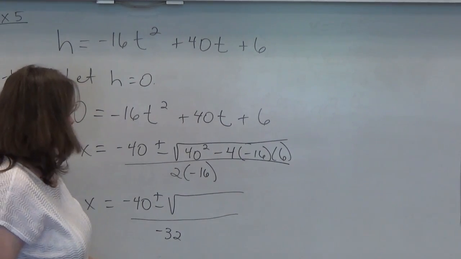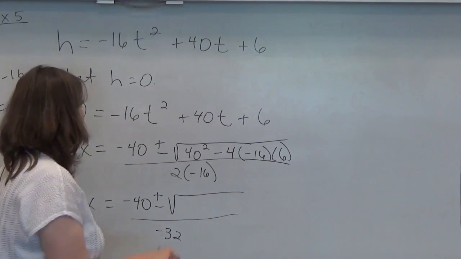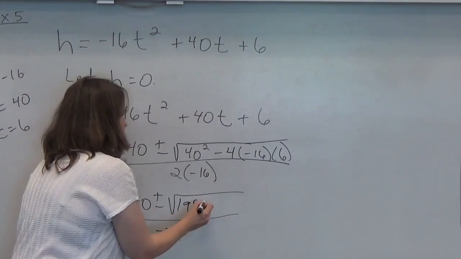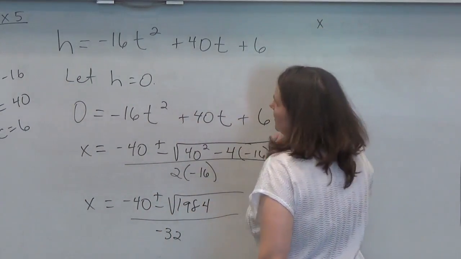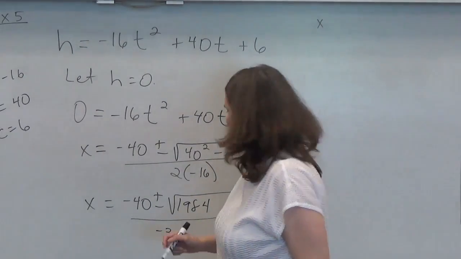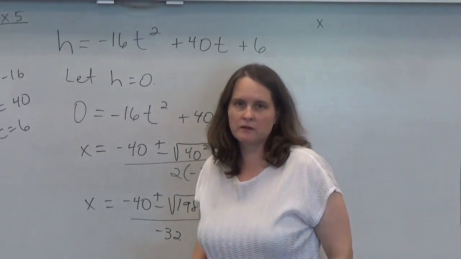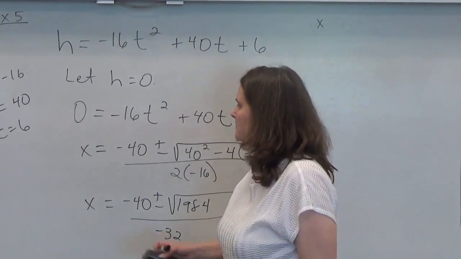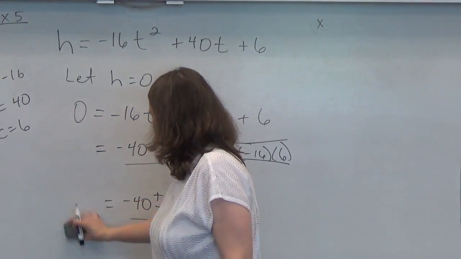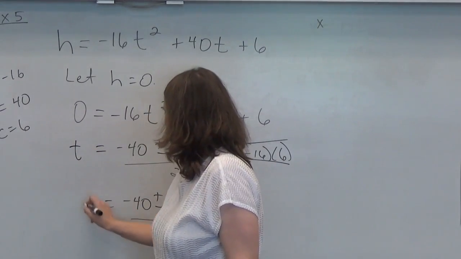Okay, so inside the radical, you should have gotten 1,984. Oh, and by the way, I've got x just out of habit. What variable are we really solving for? They're asking us how long, so we're solving for t. So really, I should have a t instead of an x.